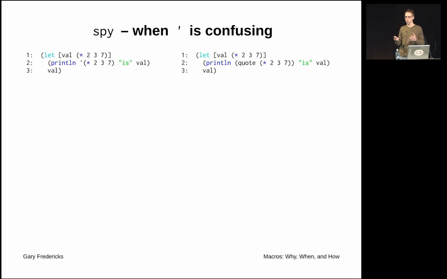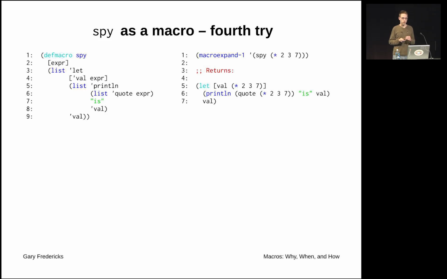So we could try actually building that list. If we do that on line 6 on the left, we create a list with the symbol quote and then the expression. And the expansion then on the right expands into a quote with our code inside of it, and so that's going to end up passing the code into print line. And this works correctly.